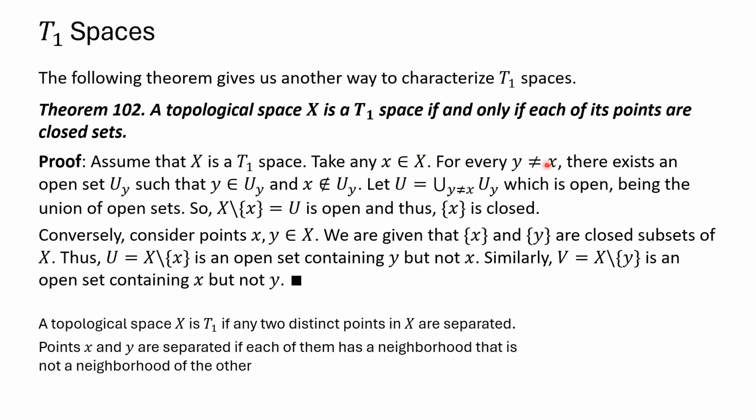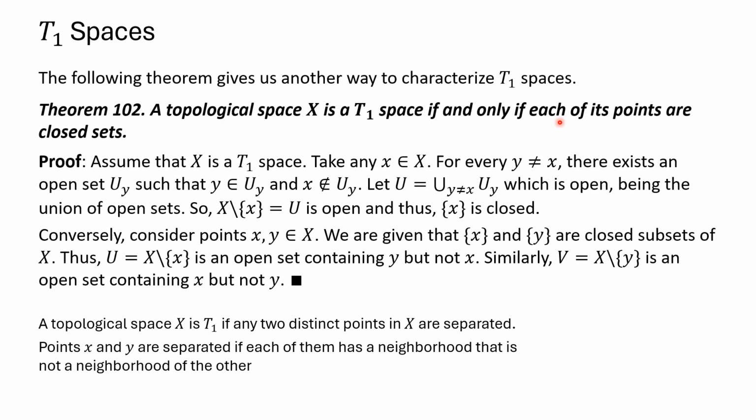For every Y not equal to X, there exists an open set U sub Y such that Y is an element of U sub Y and X is not an element of U sub Y. And that comes from these two definitions, which I've copied from a previous slide, so you don't need to flip back and forth. Then U equals the union of all these U sub Y's is open, being the union of open sets. So the complement of X equals U is open, and thus the singleton set X is closed.